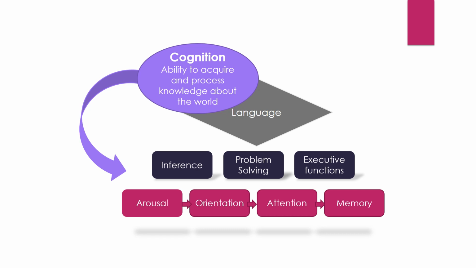Once you're oriented, then you can have attention. And there's 4 different types of attention. We have selective, divided, sustained, and alternating. So think about how attention can really affect the way that we move up that hierarchy into memory. So if we're using divided attention, meaning we have 2 things going on at one time, and we're trying to give attention to both of those things. So for example, we're reading a book while someone's talking to us.